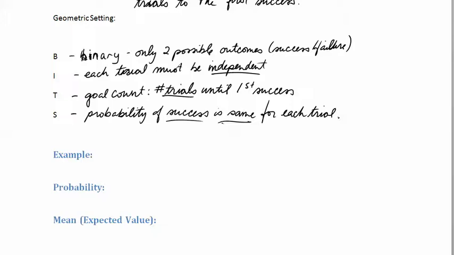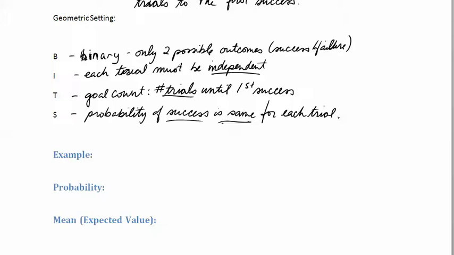The success is that we are rolling a 1. The failure is any other number. Each trial was independent. We were counting the number of successes, so I might have said that I was going to do 10 rolls of the die, and I wanted to know how many times I got a 1. The probability of success was the same for each of them.